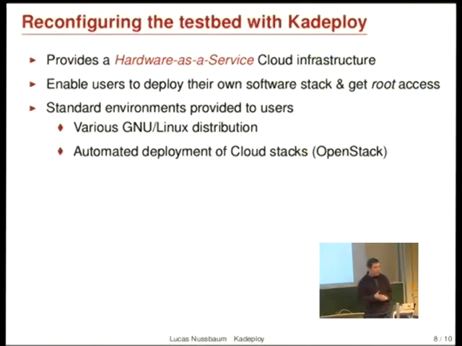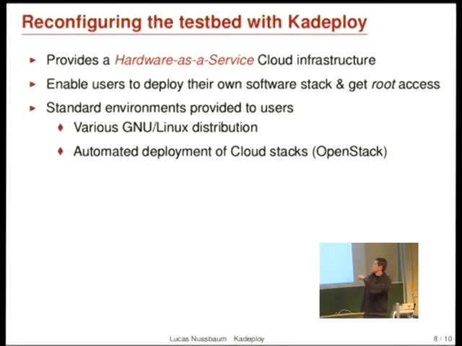What we do with Kadeploy in Grid'5000 is that we provide, to use a cloud buzzword, a hardware as a service cloud. We give the user the ability to reserve nodes and reinstall them with their own software stack. They can get root access, but not in a virtual machine like in a typical cloud infrastructure, but on the bare metal.